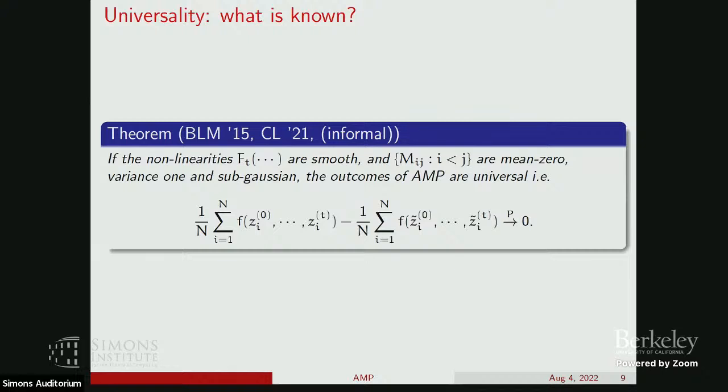If that's the case, then the AMP outcomes are universal, in the sense that if you take two different matrix ensembles, Mij and M tilde ij, and you run the same set of algorithms, and you get two sets of outputs, if you apply some reasonably nice test function f and look at the empirical averages, they converge to the same value.